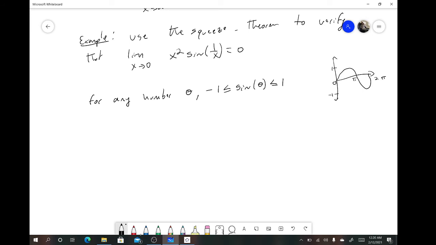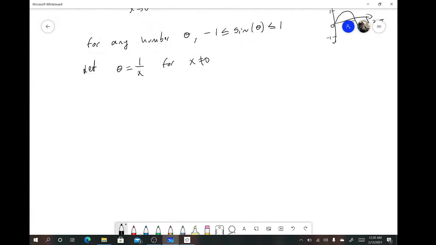Okay. Now, let theta equal 1 over x, and remember x cannot be equal to 0 because it's in the denominator.